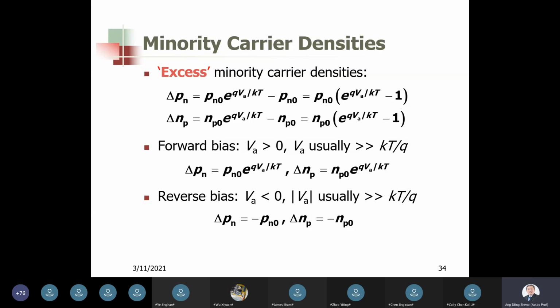And doing that will eventually lead us to the ideal diode equation, which simply quantifies the amount of current that flows across the PN junction under a given external voltage bias VA.